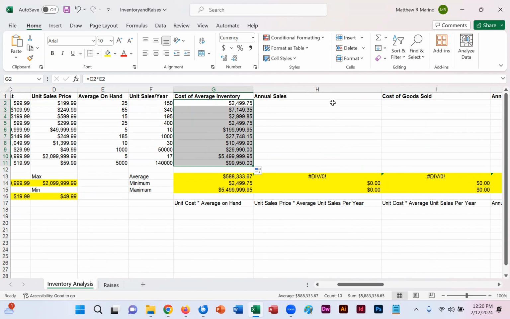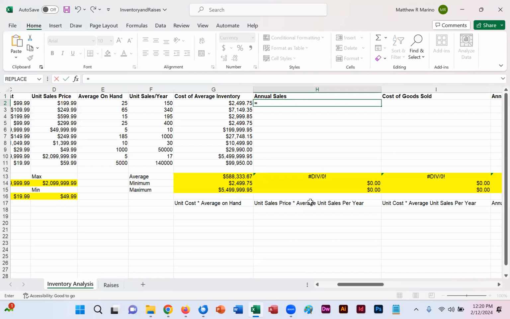For the annual sales, we multiply unit sales price times average unit sales per year. So it's column D, the unit sales price, multiplied by column F, the average unit sales per year. So if you see a slash like this, it might mean per and not divide by.